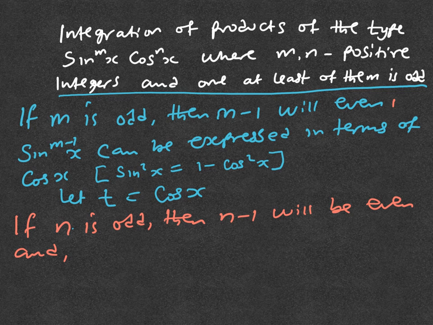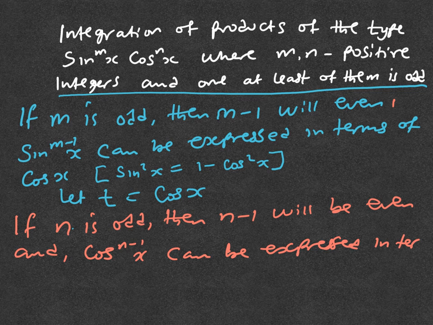The cosine to the n minus 1 of x can be expressed in terms of sine x by cos squared x, the same thing as 1 minus sine squared x.